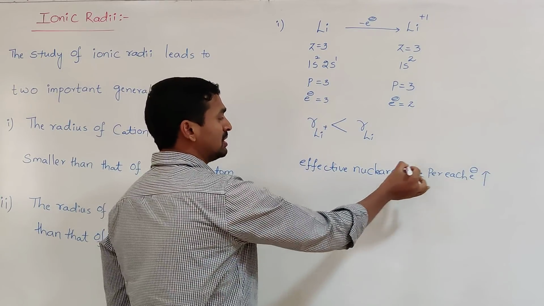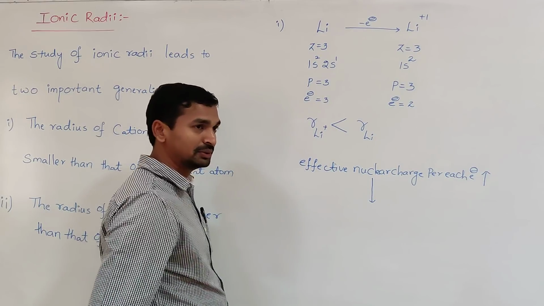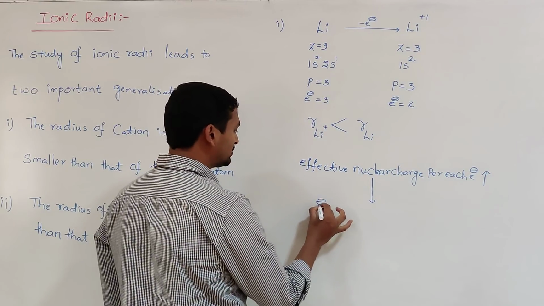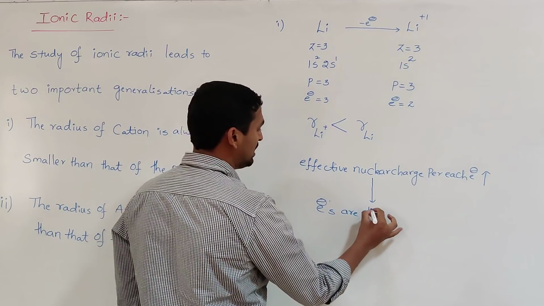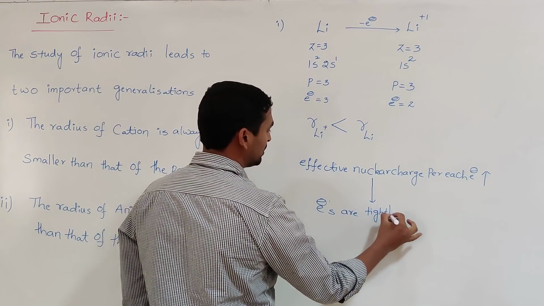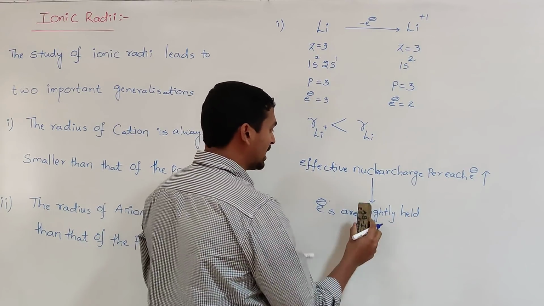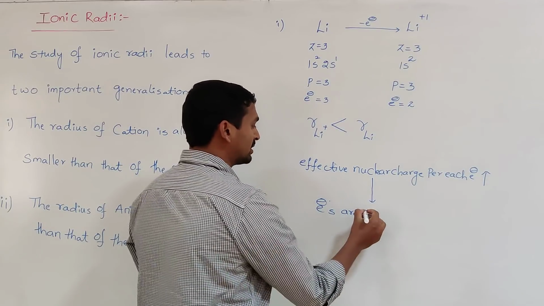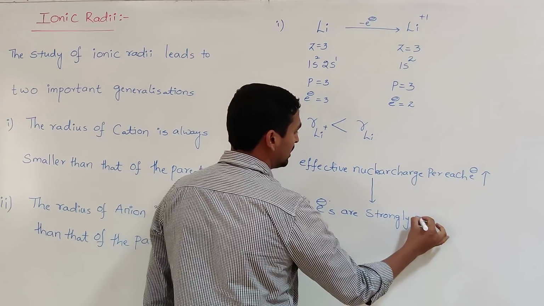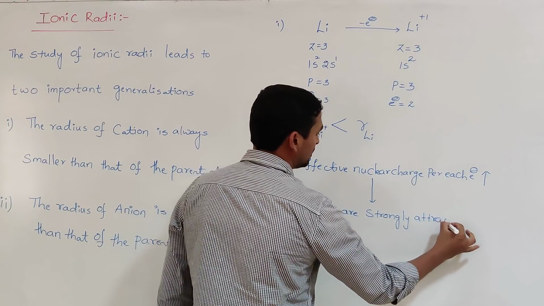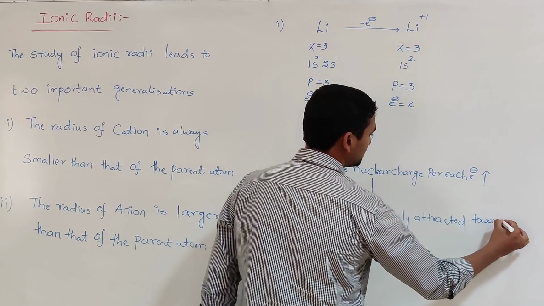When the effective nuclear charge per electron increases, the electrons are tightly held, or strongly attracted, towards the nucleus.